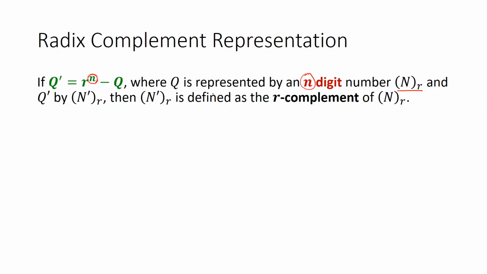So if q is represented by the n digit number N in radix r, and q dashed is represented by N dashed in radix r, obviously q dashed will also be represented by another number, then N dashed in radix r is defined as the r complement of N in radix r.